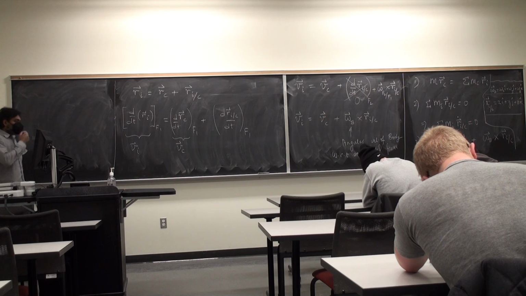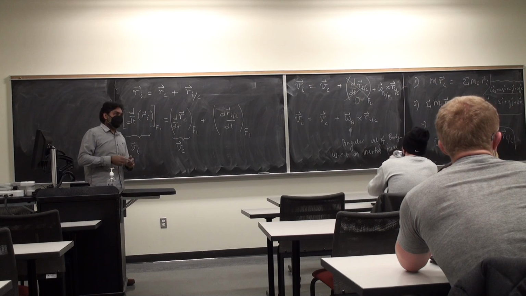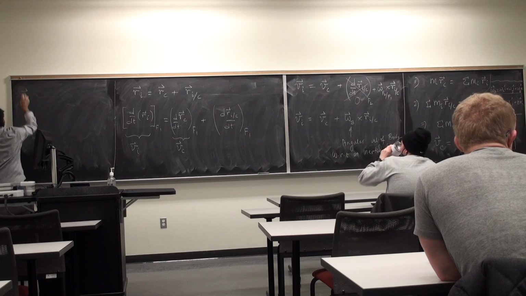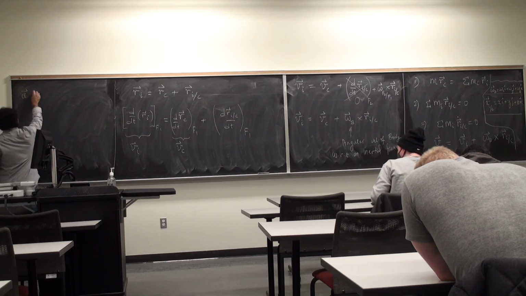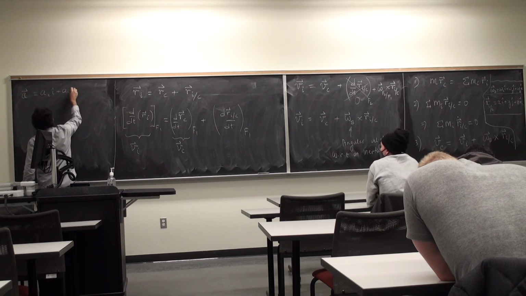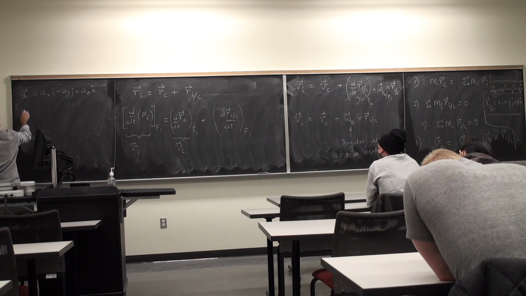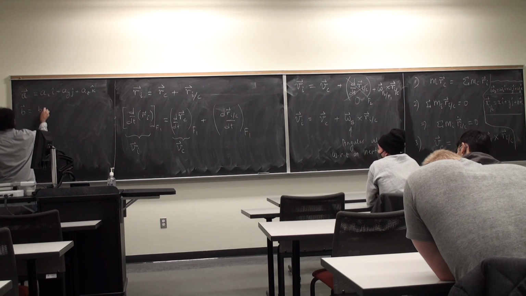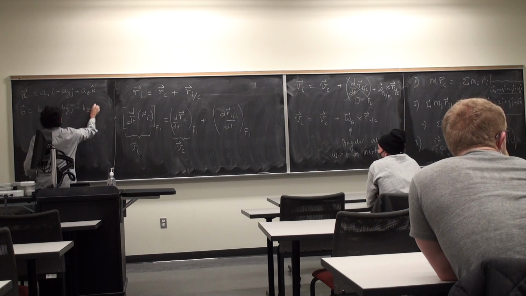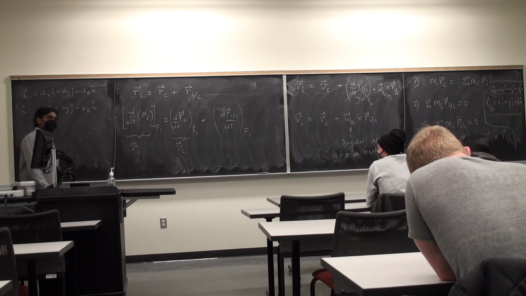Now I'm going to introduce you to a new way of doing cross products, because I'm going to use it for this particular problem. Maybe some of you know this before, but if I take a vector A, with components AX, AY, AZ, and vector B, how do you do cross products?